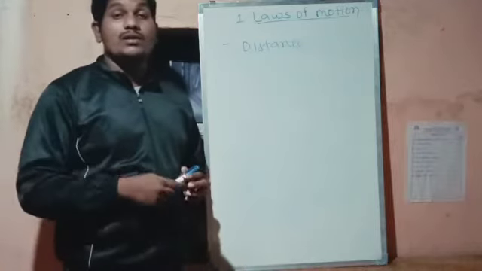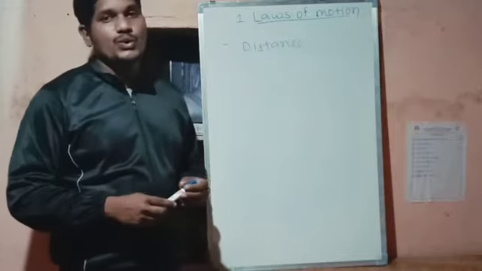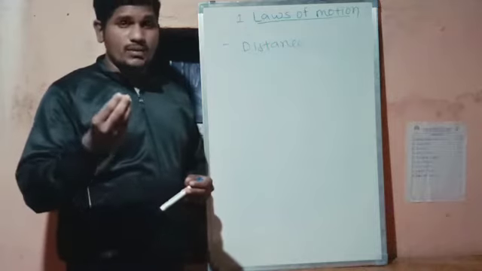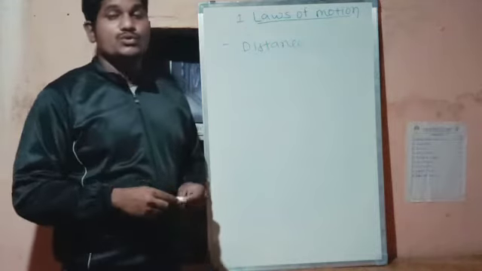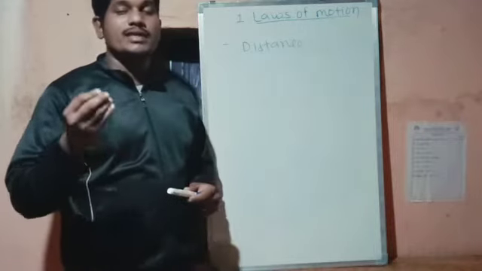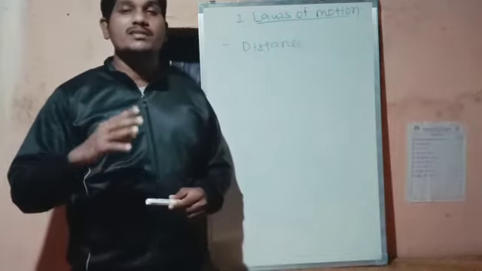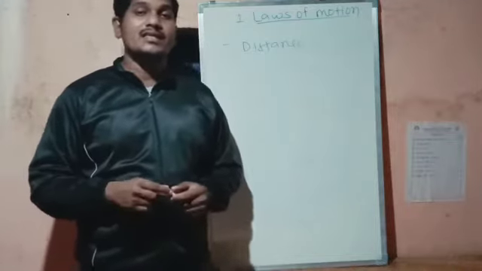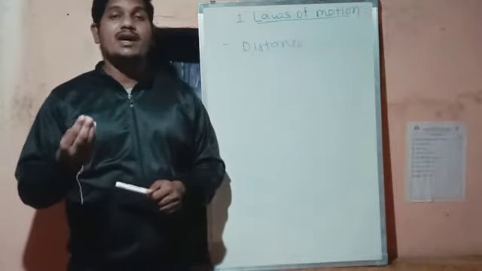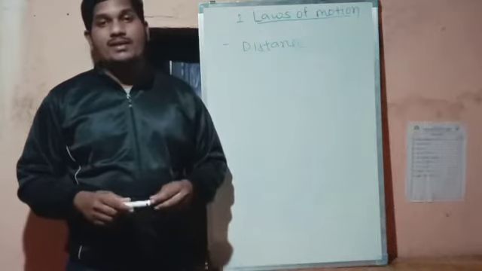Suppose I ask you what is the distance between your home and school, or between your playground and your class, you will say 100 meters, 200 meters, or between school and your home, you may say 5 kilometers, 10 kilometers. That is one example by which you can express the amount of distance.